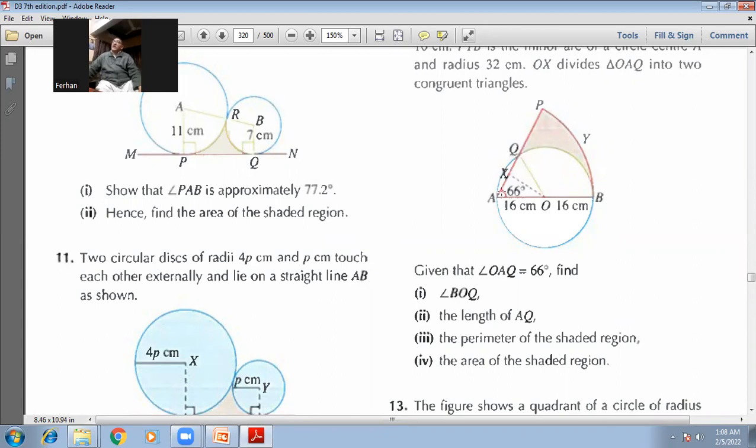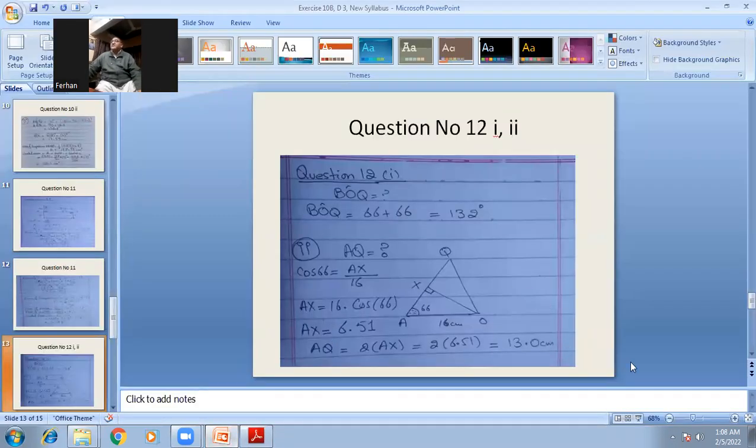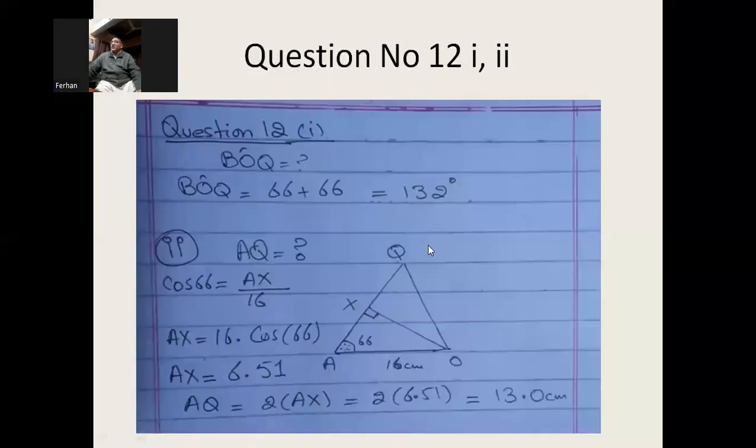So this AQ has been divided into two equal parts. You can see this is 16, this is 16, they both are radius. So this OX line, which is making 90 degrees here, will bisect this AQ line. So I will find AX and then I will double it, and that will be AQ.